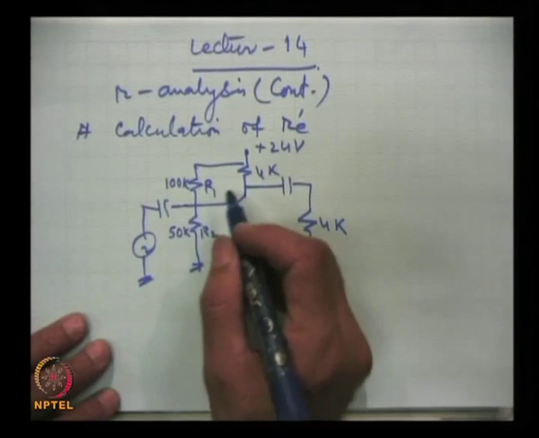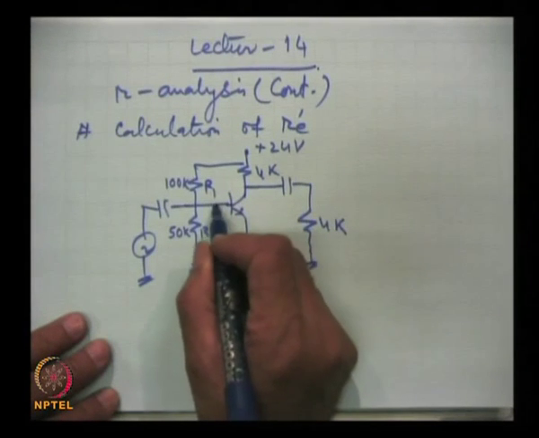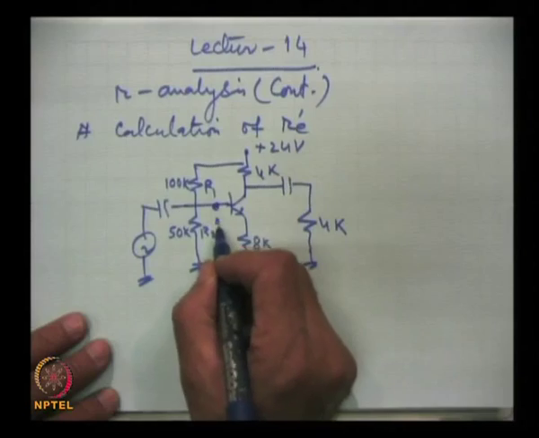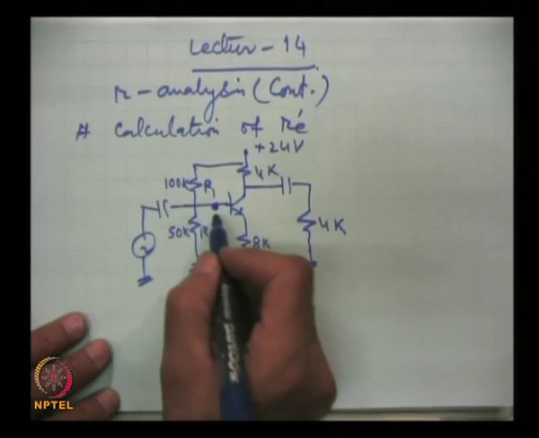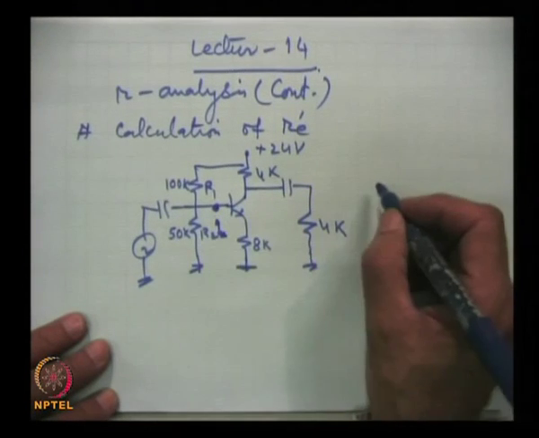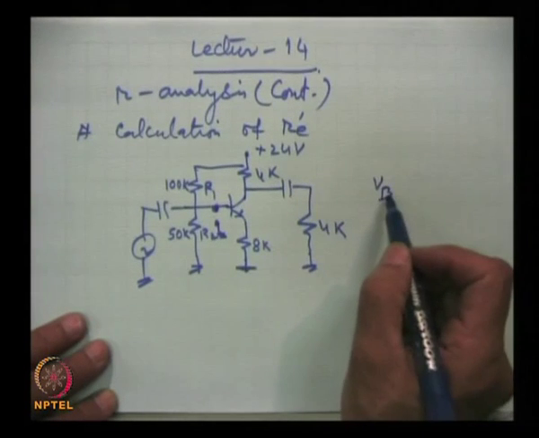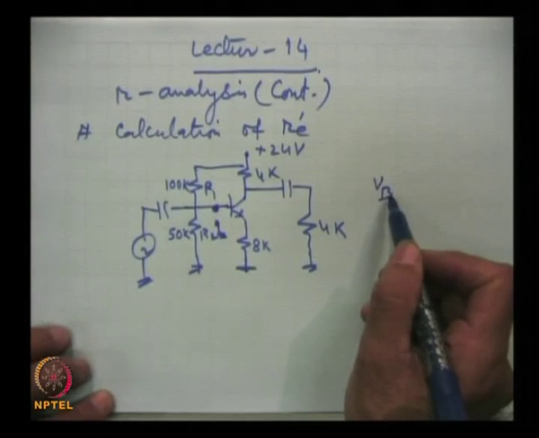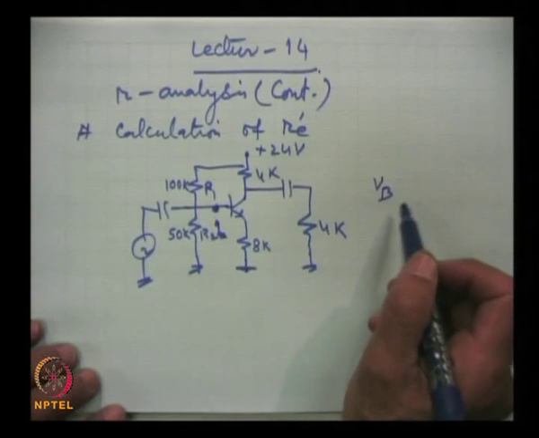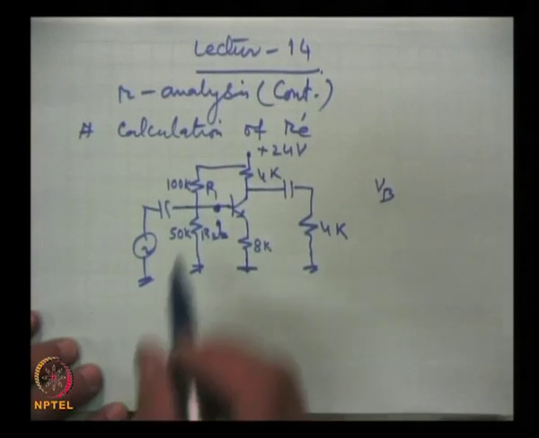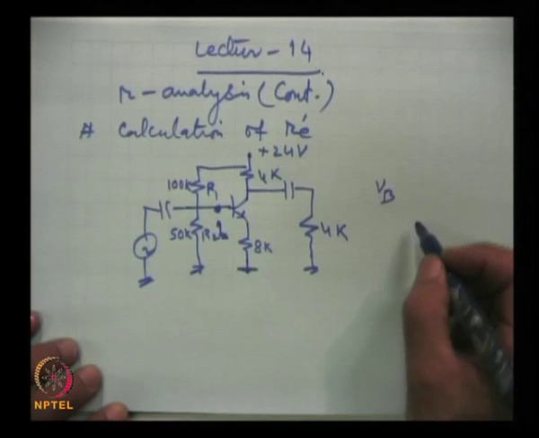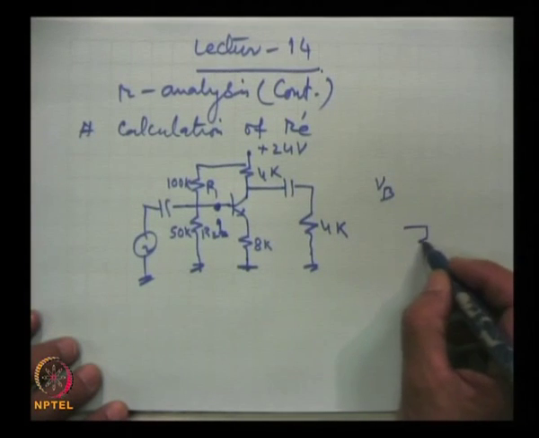First we should get the voltage between this point and ground. We call this voltage V B, that means base voltage with respect to ground. Now, this can be calculated. We complete the circuit at the input like this.